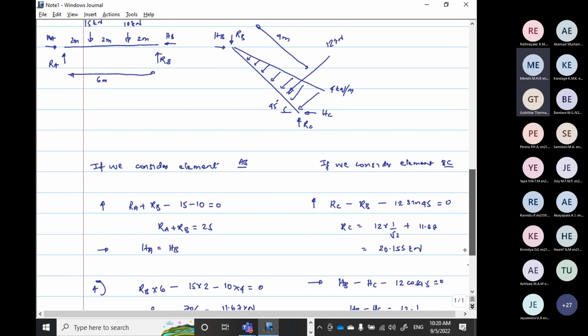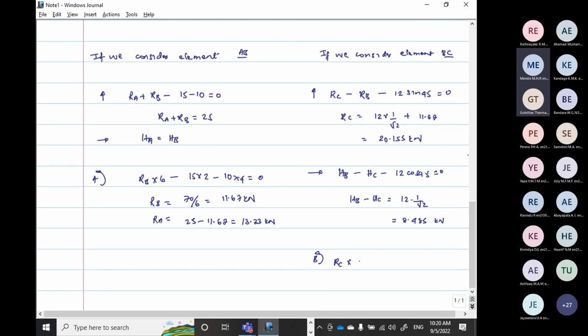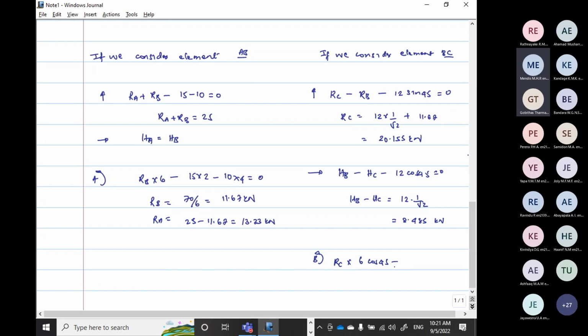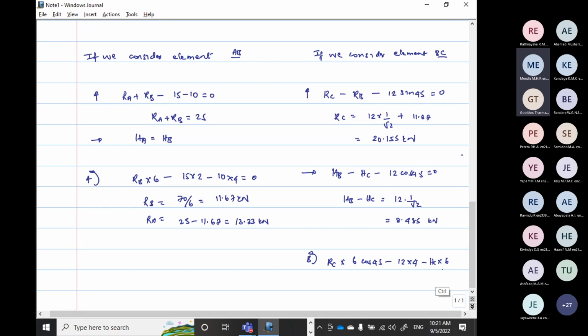So if you take moment about that point, RC is counterclockwise, 12 is clockwise, and HC is clockwise. So RC into 6 cos 45 minus 12 into 4 minus HC into 6 sin 45 is 0.